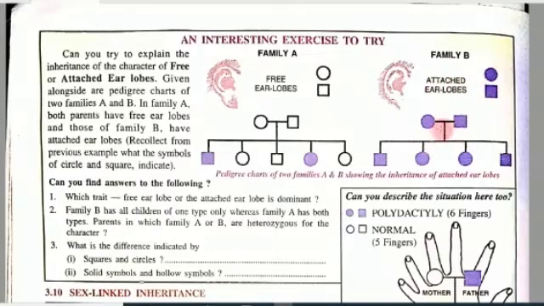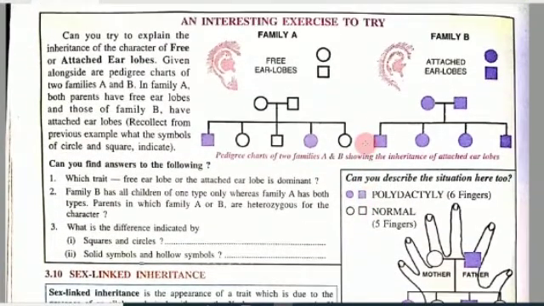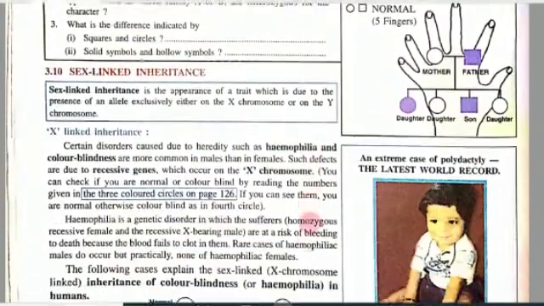Here all the sons and daughters usually have attached earlobes, though it can vary between attached and free. Here in all the family members, sons and daughters, the attached form of earlobe appears. It is one of the interesting exercises to try.